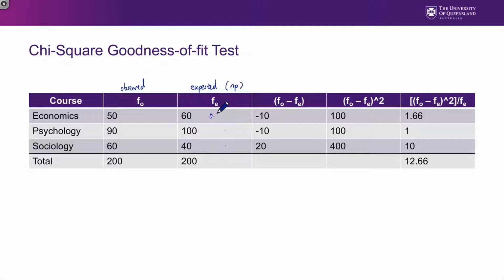So we've got here 0.3 times 200, 0.5 times 200, and 0.2 times 200. And the sum of all of this in this column is equal to our chi-square value, which is 12.66.